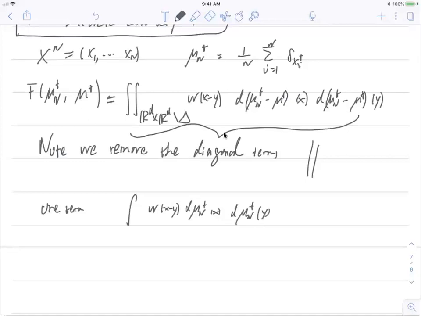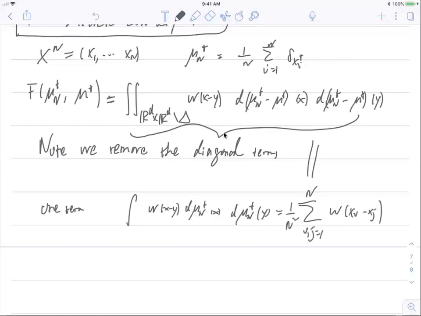So if you do not remove the diagonal, then what does this mean? You can explain everything, and this means the following. This is the total interaction energy of the n-particle system.